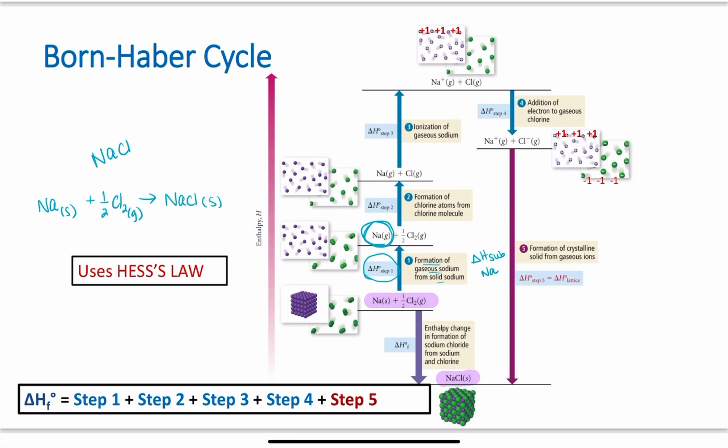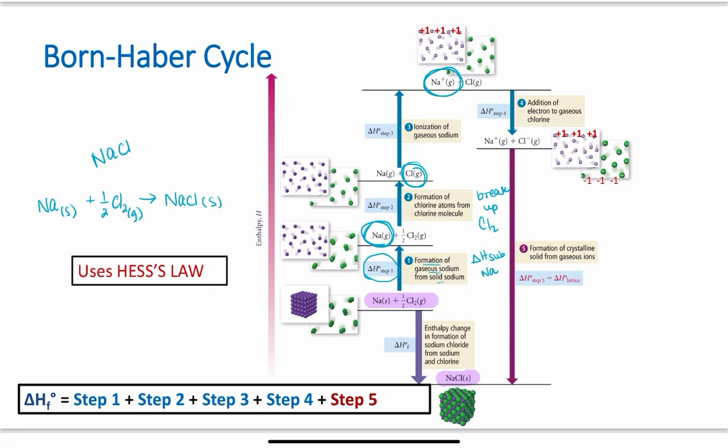Then I need to form chlorine atoms from the chlorine molecule. So I need to break up Cl2. Then I need to ionize sodium. I've got sodium gas, but I need positively charged sodium gas.